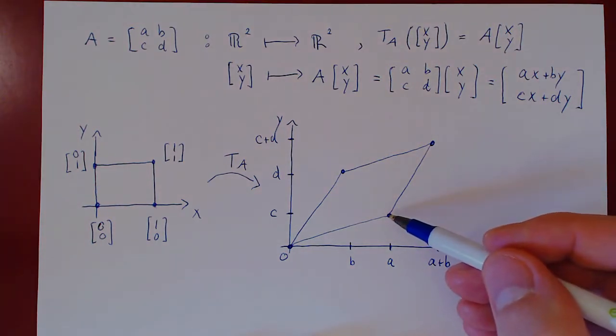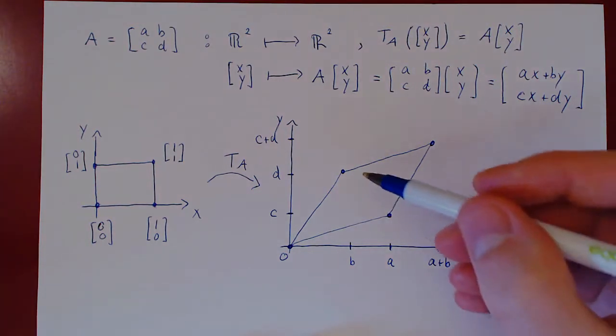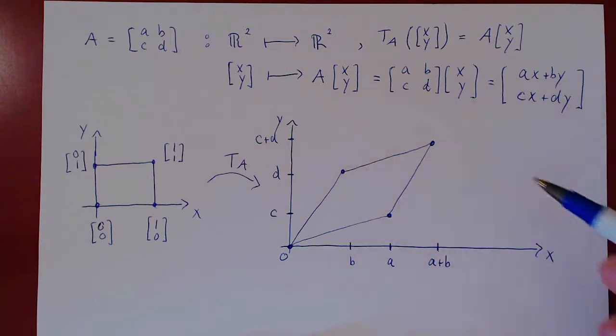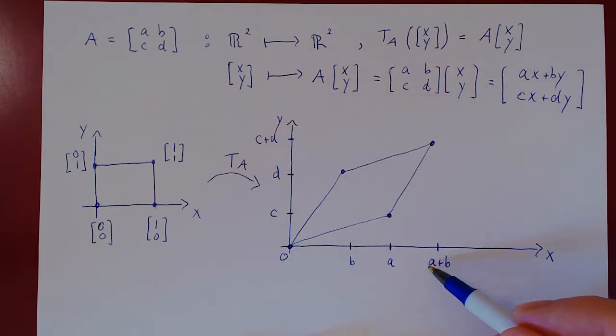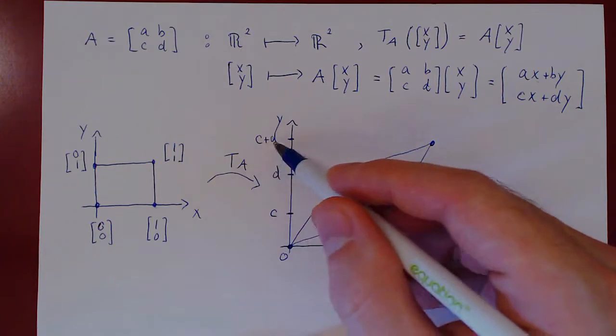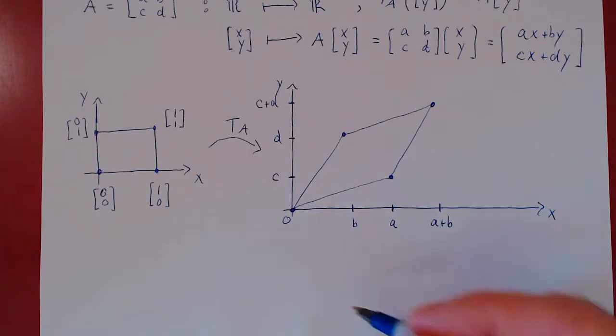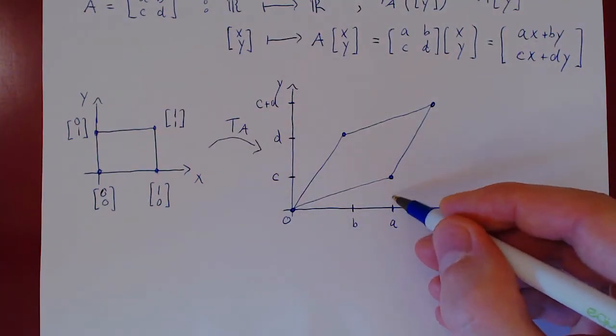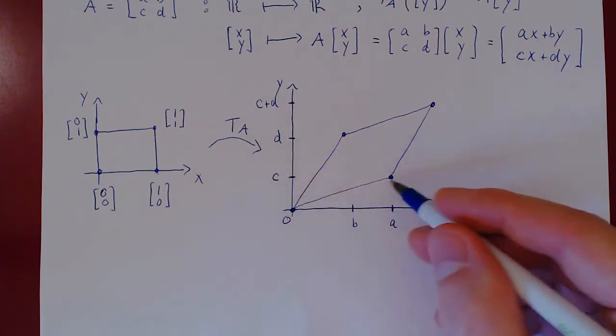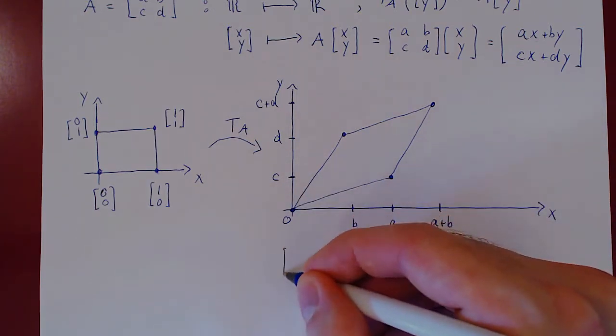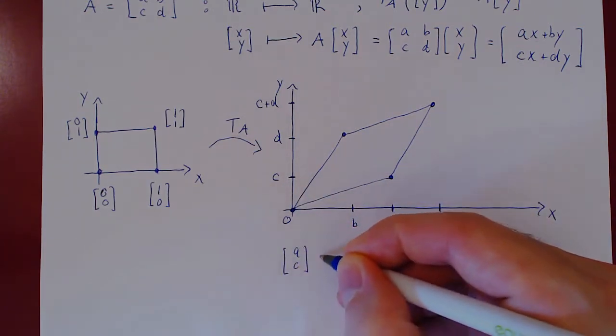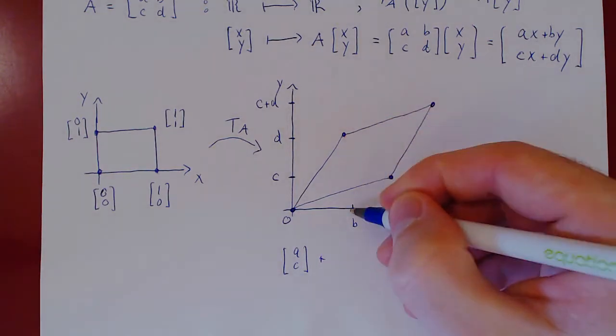And you see, if you add AC to BD, you get the point with coordinates A plus B for x, C plus D for y. Right? Let's just verify this. So this point is AC plus this vertex, which is BD.